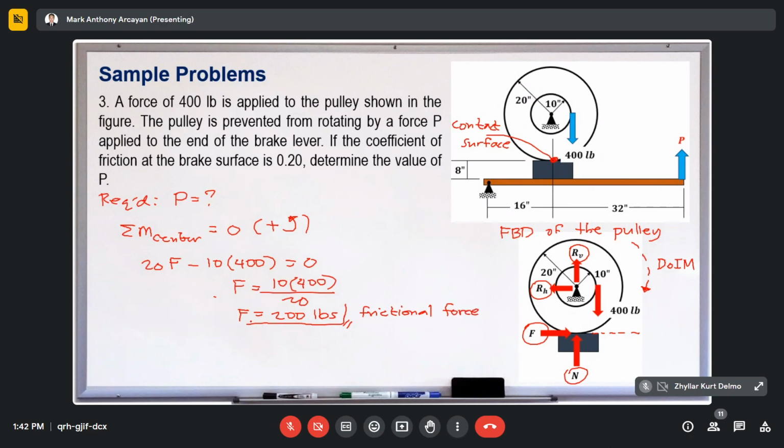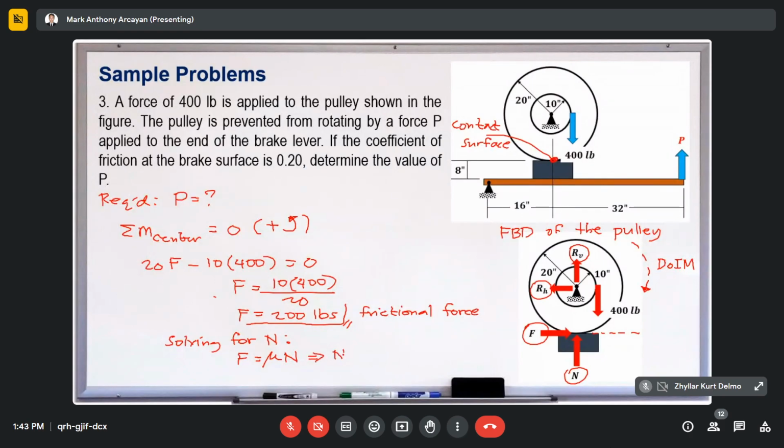Now we are going to use this on our second FBD, the FBD of the brake lever, so that we can solve for the unknown force P. Aside from the frictional force, we also need the value of our normal force, which will also be reflected in the FBD of the brake lever. Solving for the normal force N, we use the concept that the frictional force is equal to the coefficient of friction times the normal force.